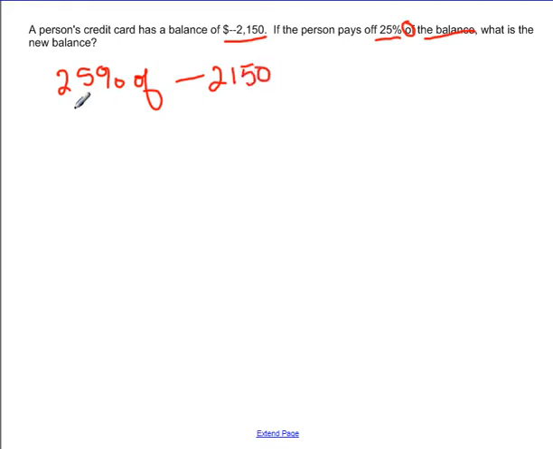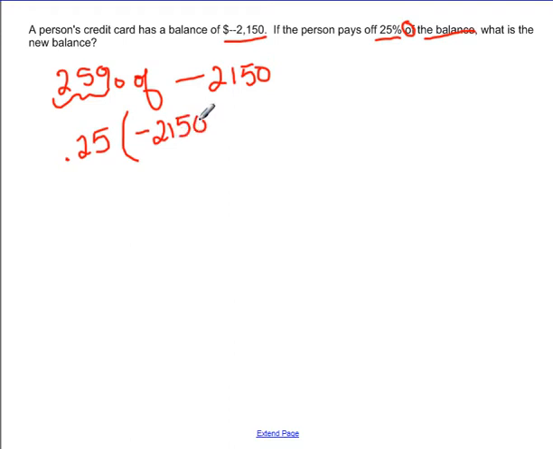$2,150, we want to change the percentage number to a decimal. So move that decimal point 2 places to the left to give us 0.25. In this context, of means to multiply, and we're going to multiply that by negative 2,150.